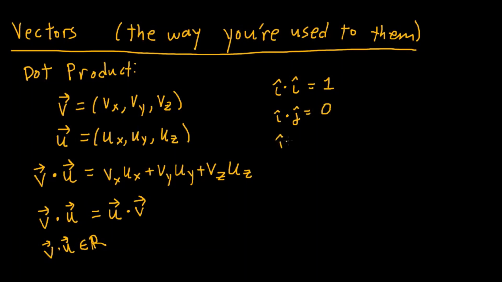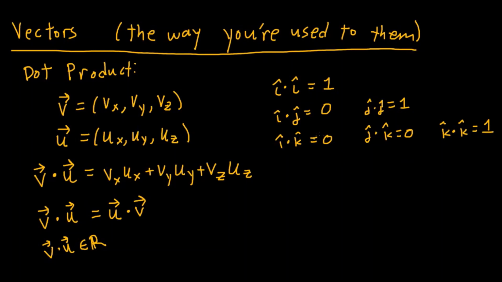Furthermore, i hat dot k hat is 0, j hat dot j hat is 1, j hat dot k hat is 0, and k hat dot k hat is 1. So this is all the dot products between all the different basis vectors.